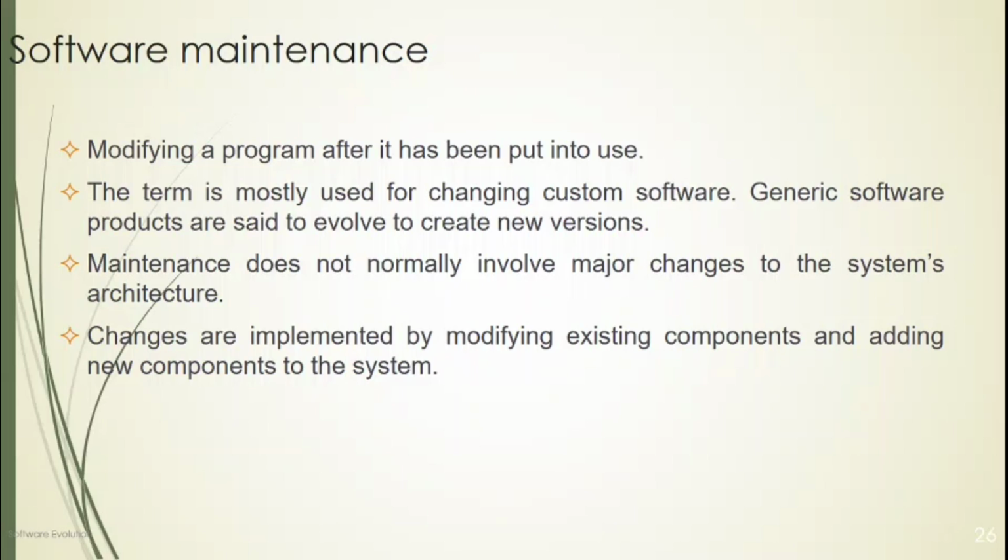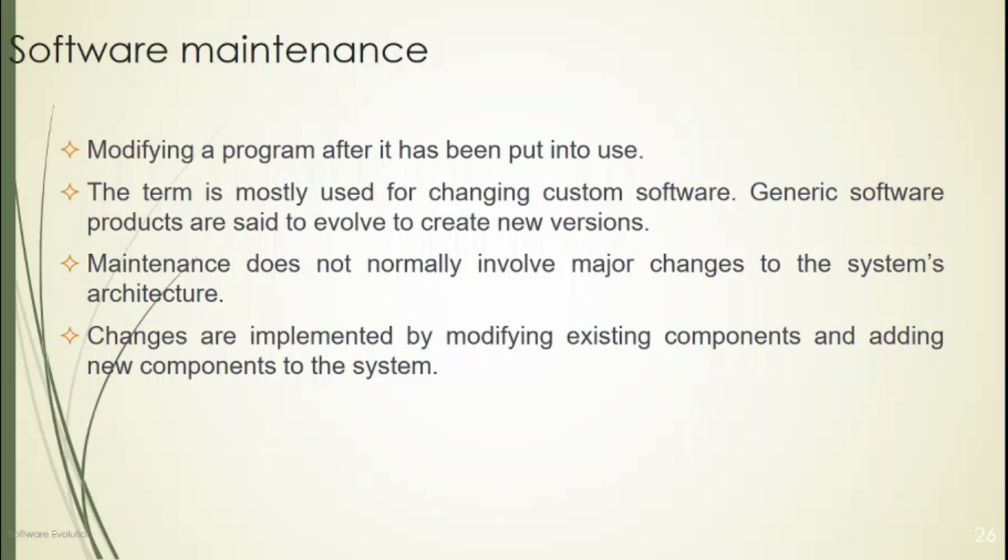You have seen the various stages as well as the spiral diagram of evolution. Then the next is software maintenance. It is something like purchasing a car: your job does not get over. After purchasing your car, there is maintenance of the car, that is, regular servicing is required. That is software maintenance.